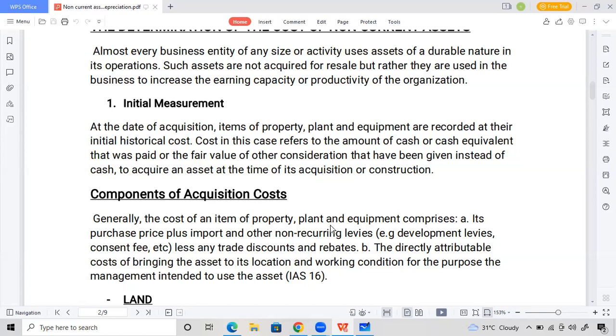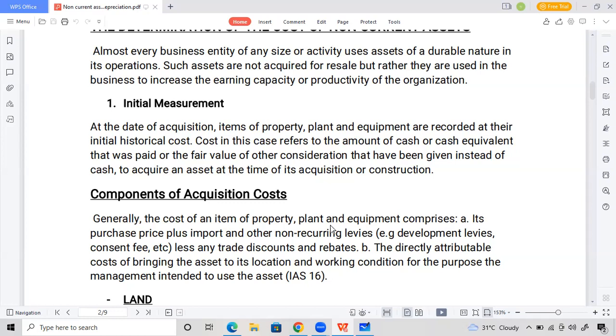We are going to look at the fair value. When we say fair value, it means market price. It is today's price. It is the market price.